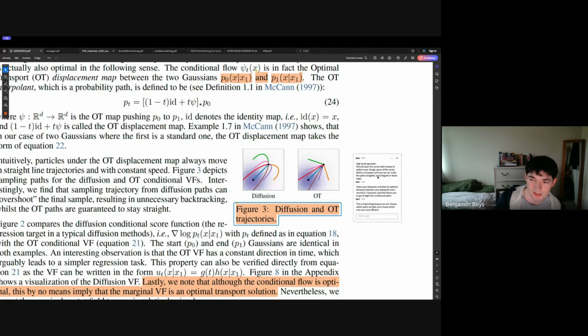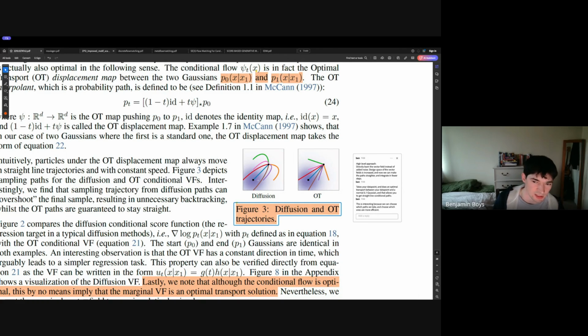So what you want to do is take your data point and do an optimal transport between your data point and a normal 0-1 Gaussian. And that allows you to get straight line conditional paths. And it's interesting because we can choose which paths that we take, and we can choose ones that are more efficient.